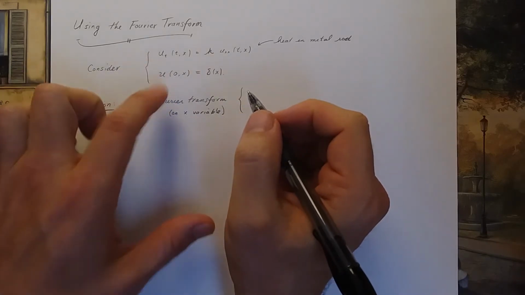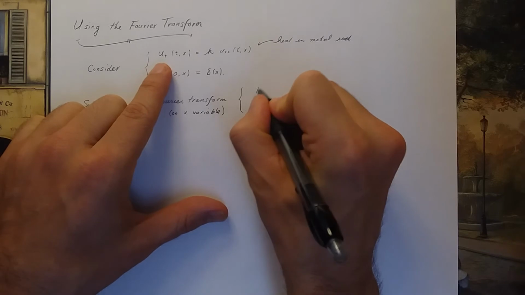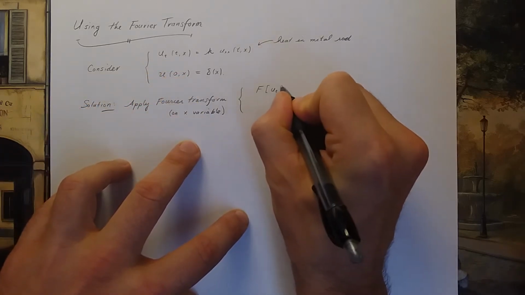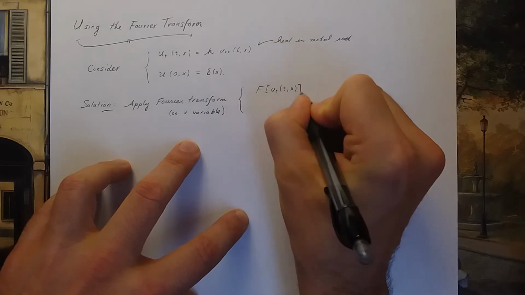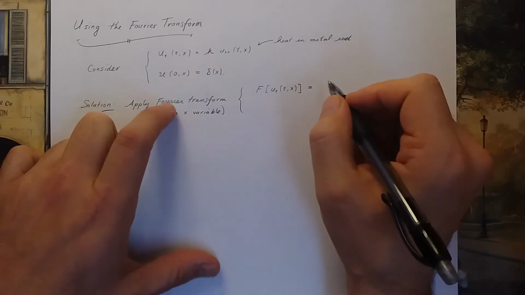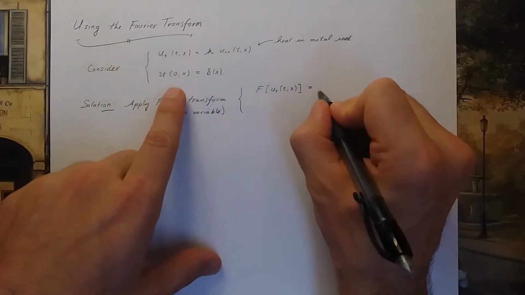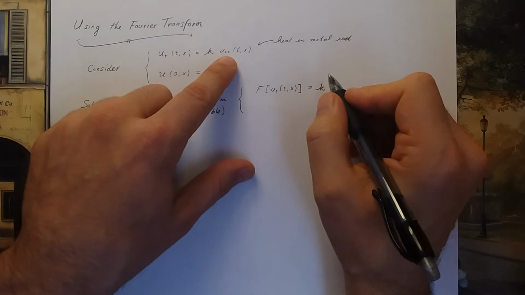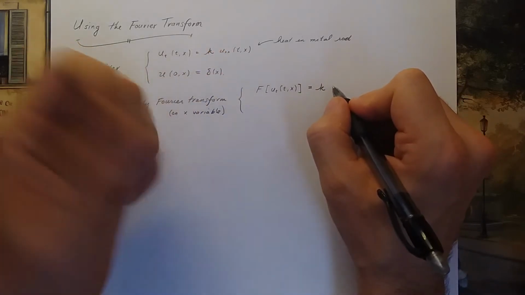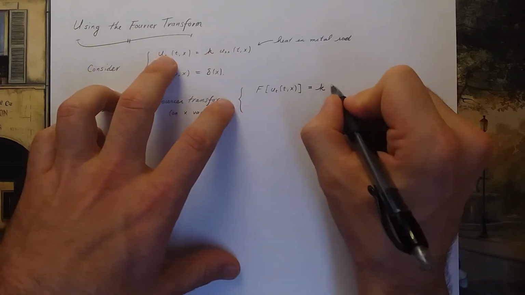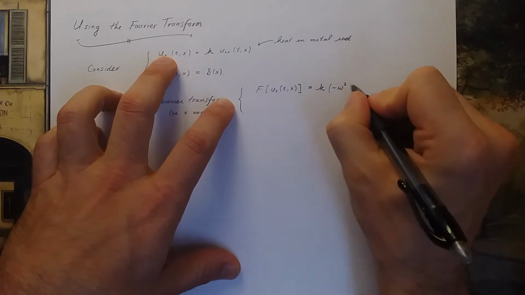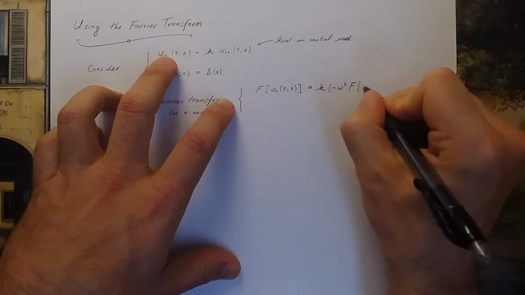meaning that I'm just going to write down the Fourier transform of the partial u_t(x, t) here. However, since I'm applying the Fourier transform on the x variable, and since the Fourier transform is linear, meaning I could factor out the constant k, this second part is the second derivative. And as we saw in the previous video, the second derivative gives me a term of the form negative omega squared times the Fourier transform of my function.